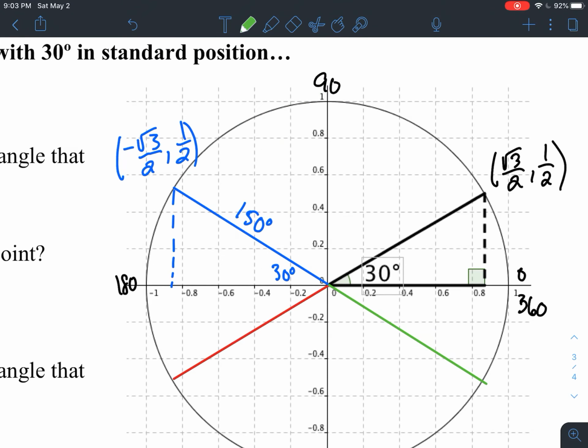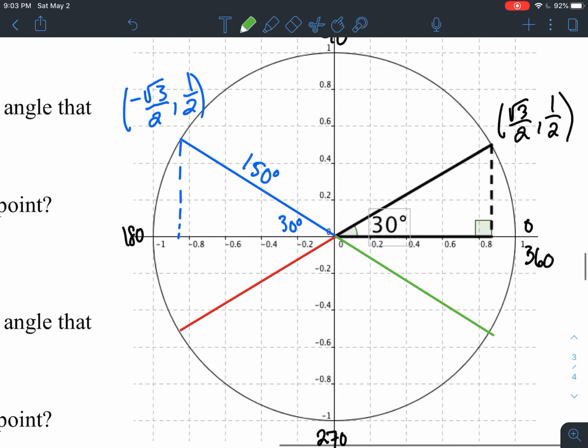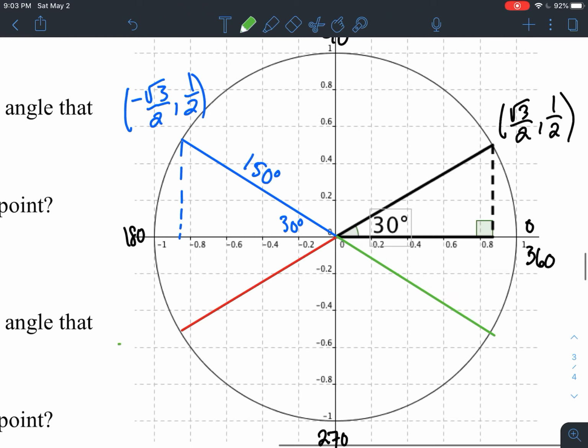When I reflect it down into quadrant 3, that's going to stay a negative x value and become a negative y value. So now my 30 degrees is still created with the x-axis. That is 30 degrees past 180, so this angle here is 210.